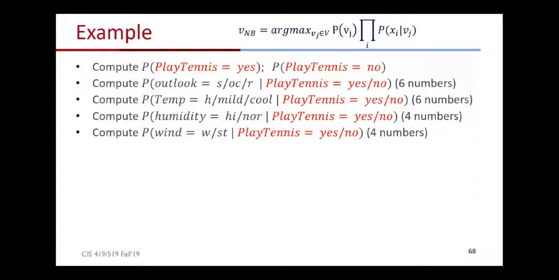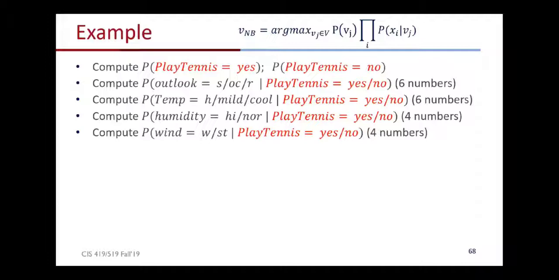Given that I'm given yes, I have 3 numbers to estimate, but they sum to 1, so 2 of them are sufficient. The same thing given no: the 3 numbers sum to 1, so I need to estimate 2 of them, and I know the third one. The same thing applies for each one of the other rows.